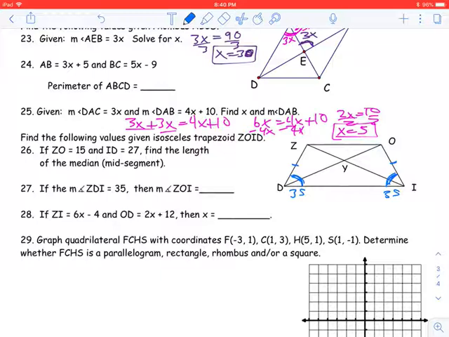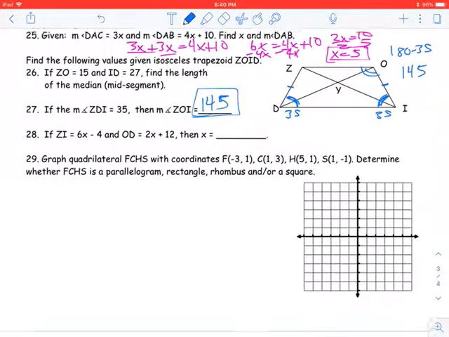Then the measure of ZOI, this up here, is what? If that's 35, these two angles are supplementary. So 180 minus 35 gives me that measure, which is 145. So 145 is my answer for that one.